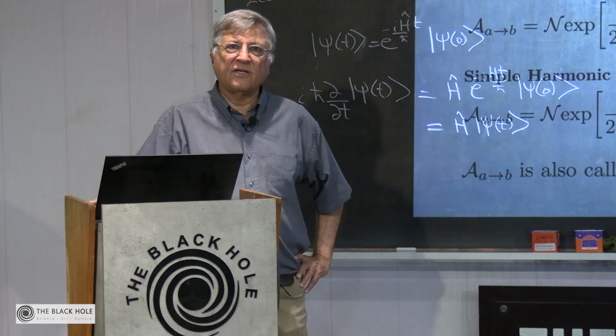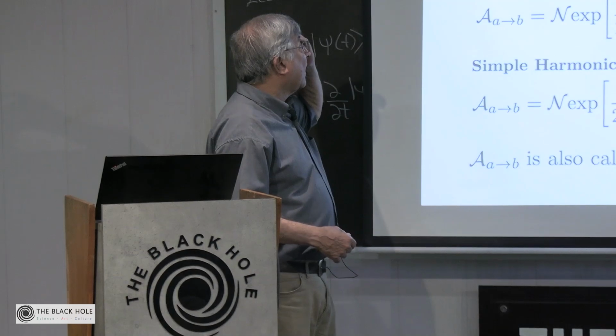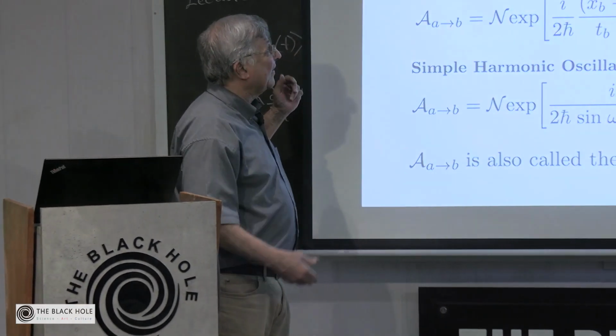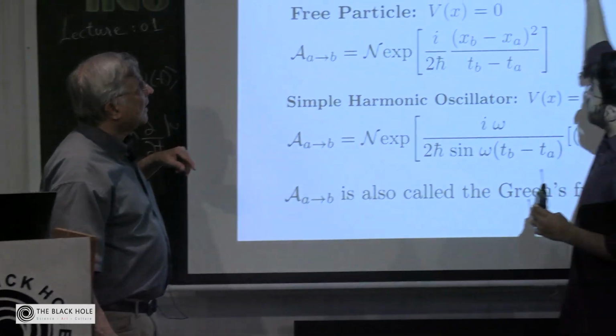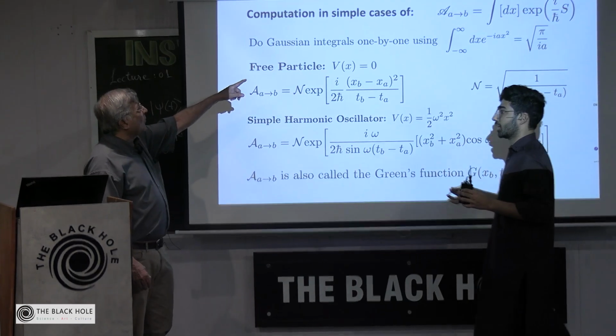This is the last. Yeah, on the top, you've written A, the amplitude A with a script, whereas in the lower part, for the answers for a free particle and simple harmonic oscillator, the A changes. So is that just your choice of how you wrote A, or is it a physical change? It's just changing the literal A. Oh, okay.